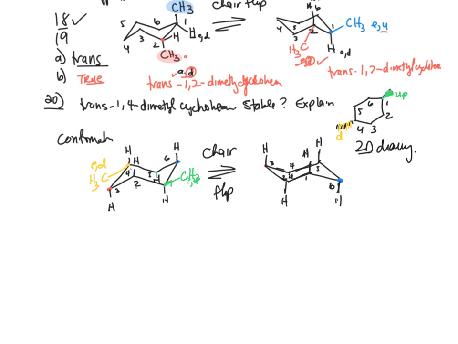Okay, so the ring flip then for here is on the 1, the green, and if this is equatorial up, then this has to be axial up. So you can just erase that hydrogen you've already got there, and now you make it CH3. So that's axial up, and then on 4, 1, 2, 3, 4, that's going to be equatorial down.